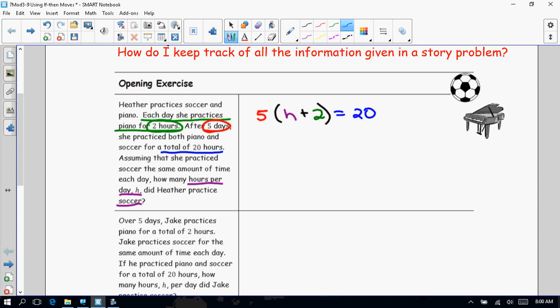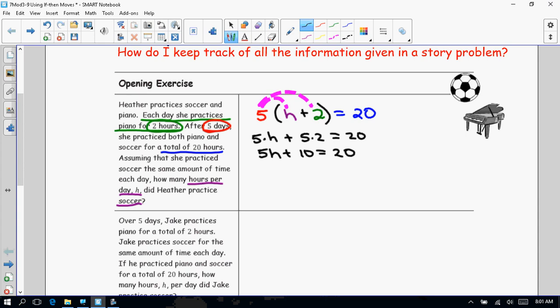Well, then the question is, how many hours did she practice? If you notice, we have that beautiful 5 out front, so we're going to distribute. 5 times H is 5 times H, and plus 5 times 2, and all of that equals 20. 5 times H is 5H, 5 times 2 is 10, and that equals 20.